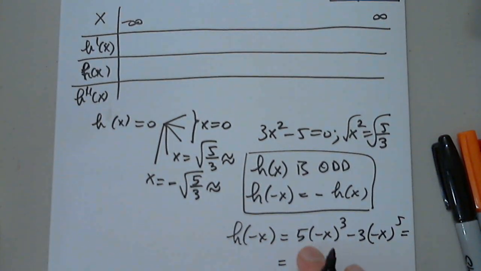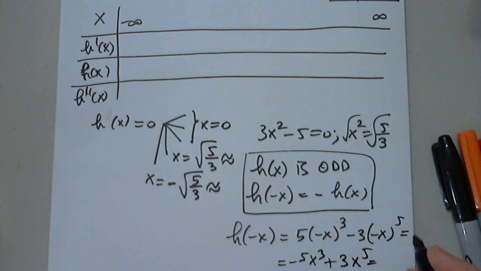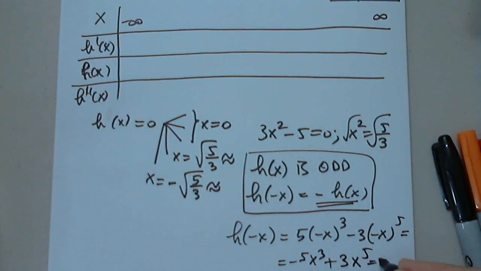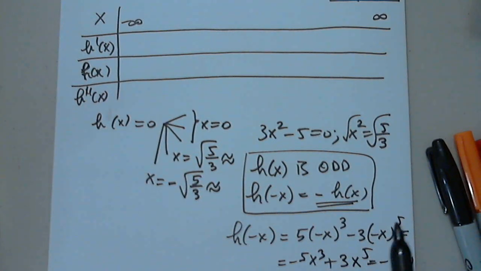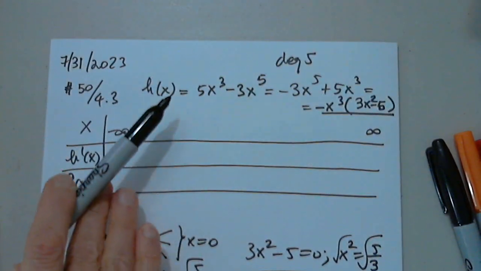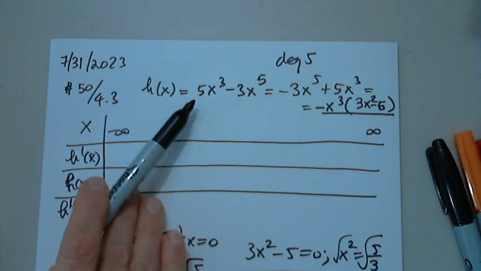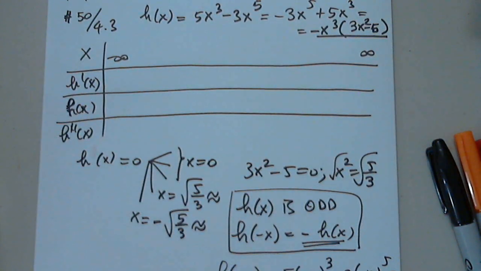This stays negative because it's power 3, and this stays negative because it's power 5, but it has a minus in front, so that turns into plus. And this happens to be exactly negative h of x. If you take the original function and multiply both terms by -1, you will recover this.